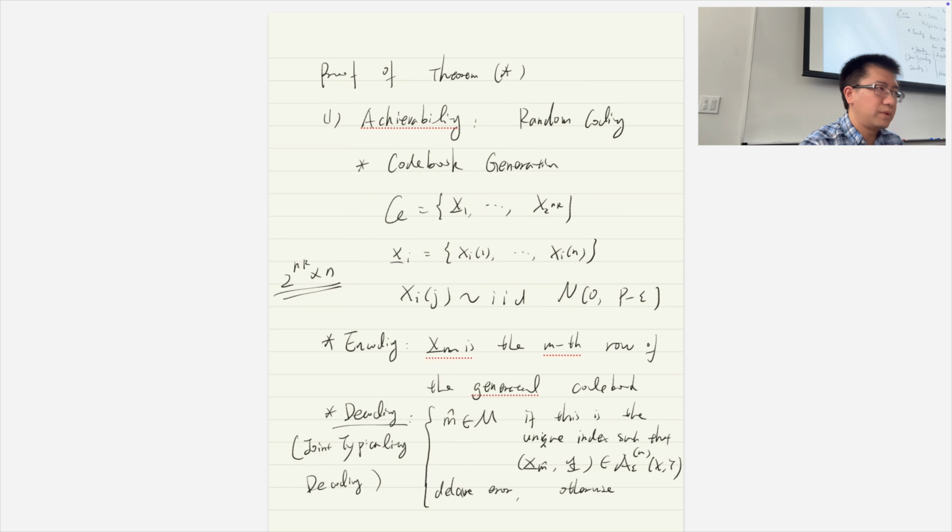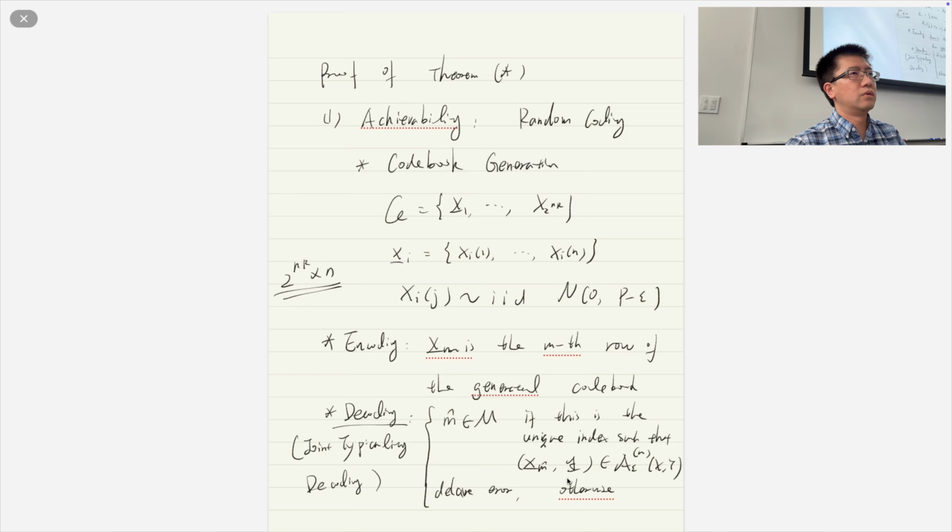But here we need to be careful on one thing. Before, there were two kinds of error events. One is that x(m) and y are not jointly typical. The other is that there exists some other index that is typical with y.